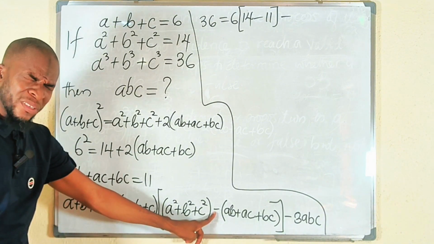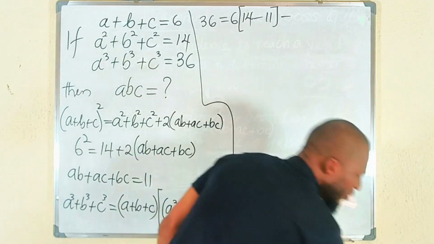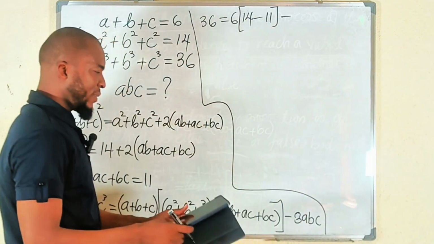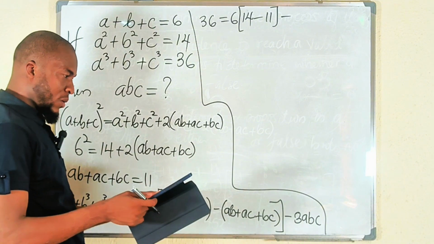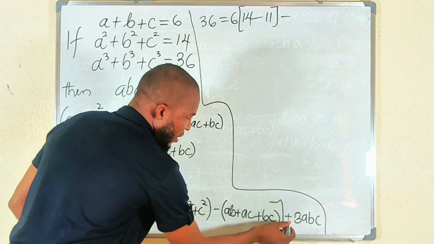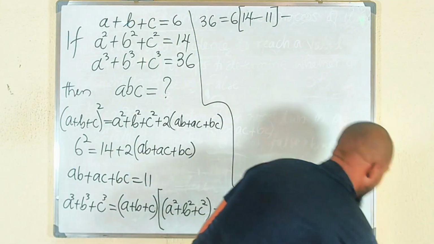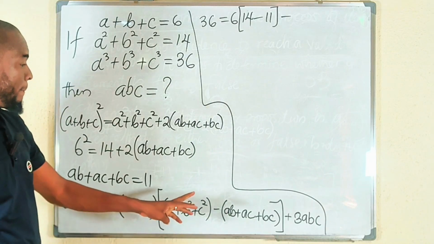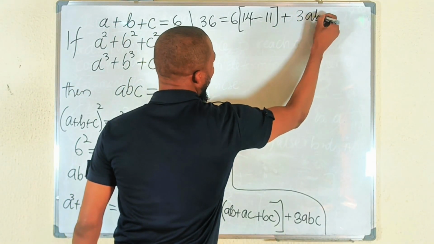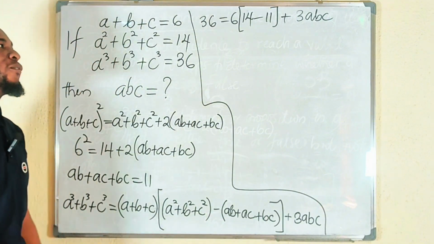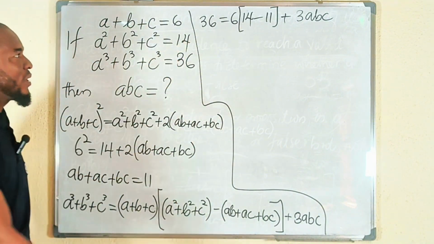Is this not a plus? Please let me just recall. I don't want to make any mistake. Okay, this is the plus, sorry. This is the plus 3abc. So we can solve for abc in that equation.